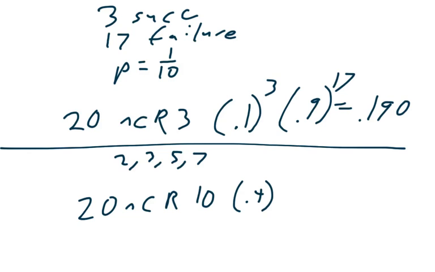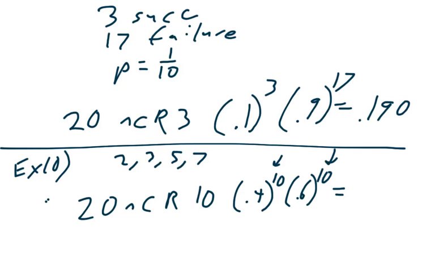So 0.4 is how many we have here, and that'll happen 10 times. And 0.6 will also happen 10 times. And whatever this is will give us the answer to example number 10. Remember, this is 10 successes and 10 failures to make my 20 trials. And so it would happen 0.117 or 11.7% of the time.